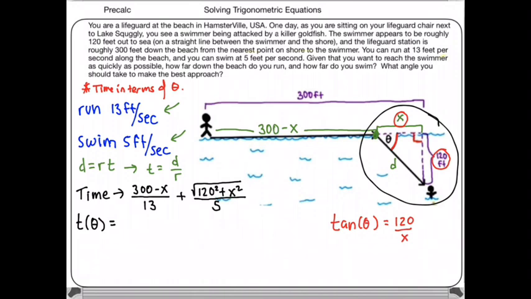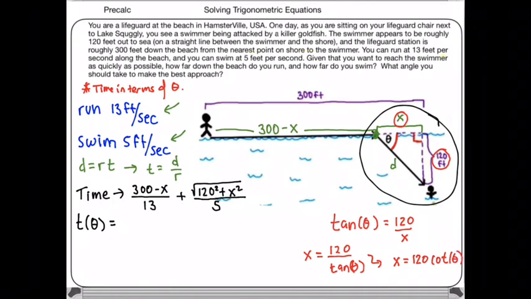So in this case, I would have x equals 120 divided by the tangent of theta, and an easier way to write this is x equals 120 cotangent theta, just so we don't have a fraction.